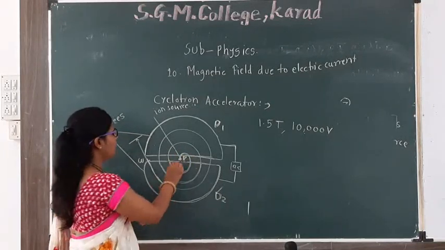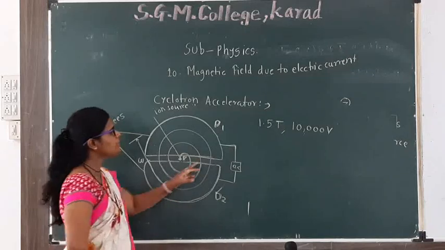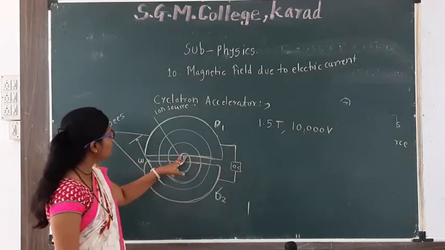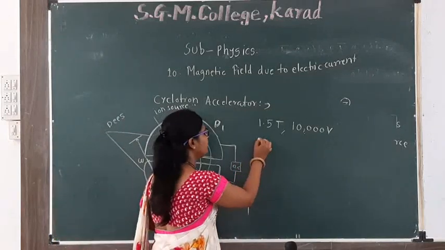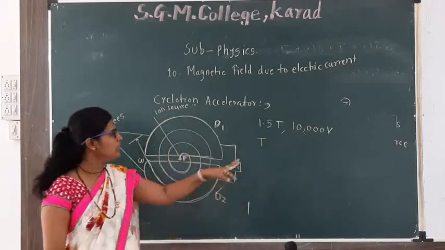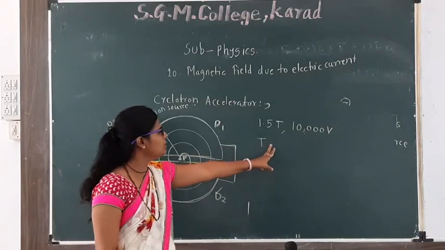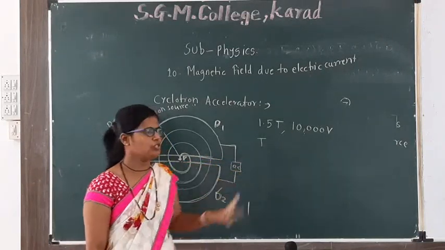That time interval is T by 2, and the total time period is capital T, which is the time interval for a full revolution.